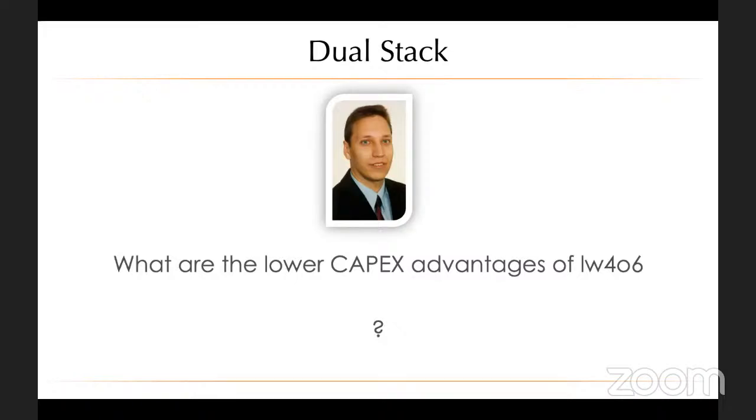And in terms of capex, because usually the AFTRs are cheaper, or even if they have the same cost, they perform better. If you have the same box being used for DS Lite, it will have lower capabilities compared with Lightweight 4/6, because in Lightweight 4/6 you don't need to keep all that state. It's more stateless. That's the difference.